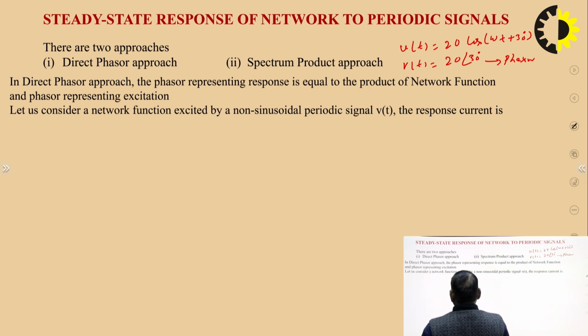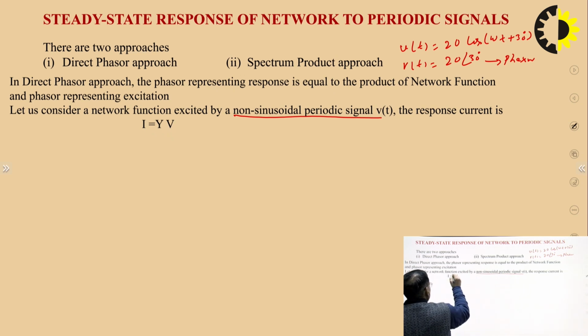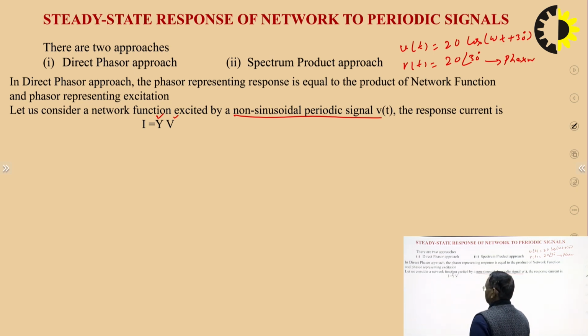Let us consider a network function excited by a non-sinusoidal periodic signal. The response current is the multiplication of the admittance of the network and the input voltage applied to the network.